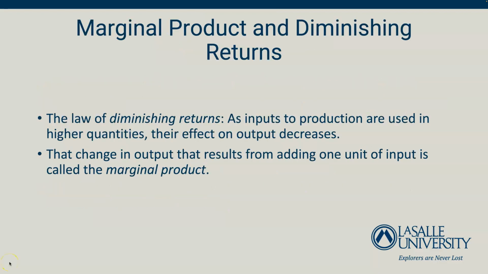As we saw in the previous chapter, the law of diminishing returns refers to the idea that as inputs to production are used in higher quantities, their effect on output decreases. The change in output resulting from adding one more unit of input is called the marginal product of the input.